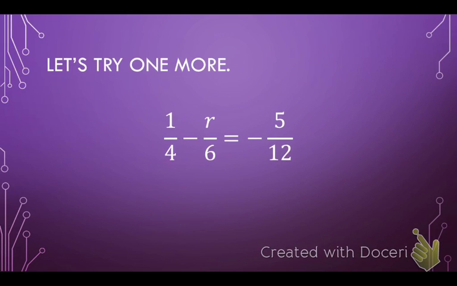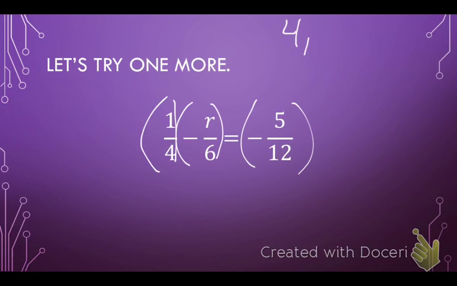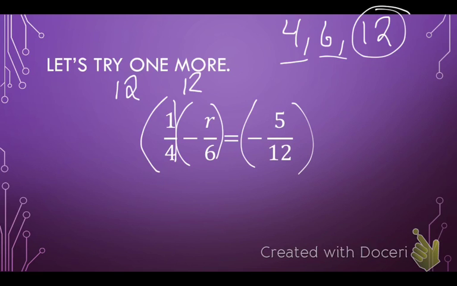So if I look here, I'm going to, again, multiply every term. All right, my common denominator between 4, 6, and 12 is 12. All right, every one of these numbers can multiply to get 12. So I'm going to multiply this entire thing by 12, which means that I'm going to multiply every term by 12. All right, so then I'm going to cross simplify.